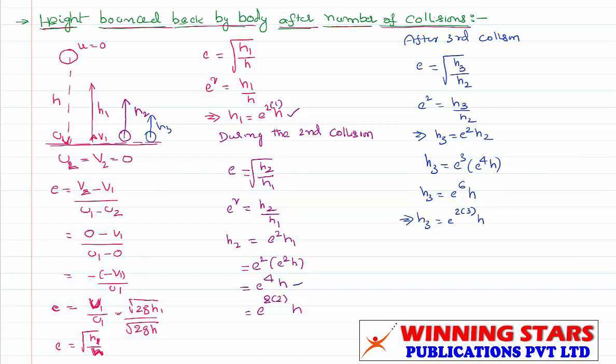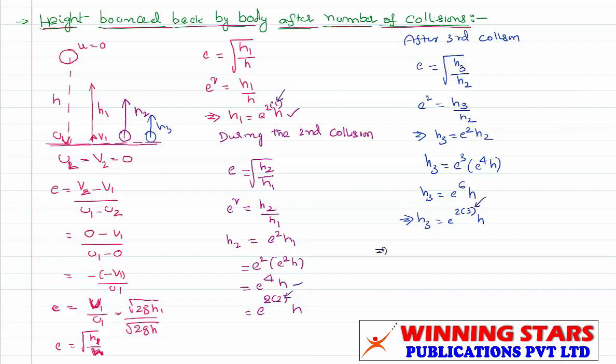So after the first collision, you got a term e power 2 into 1. After the second collision, you got a term e power 2 into 2. After the third collision, you got a term e power 2 into 3 into h.